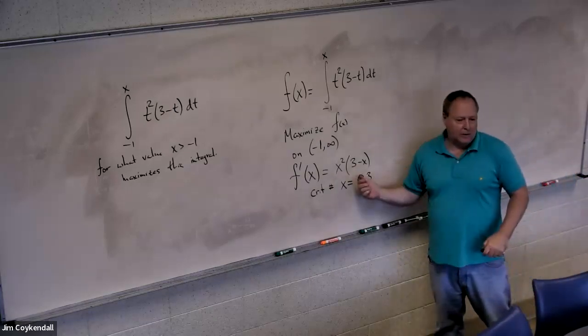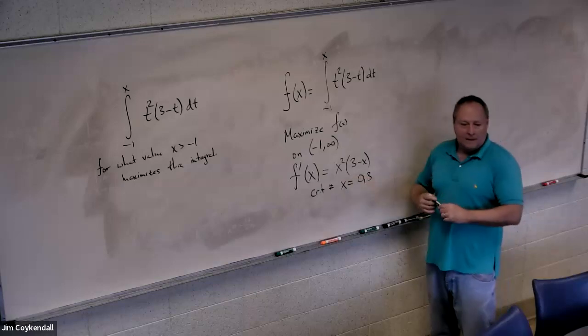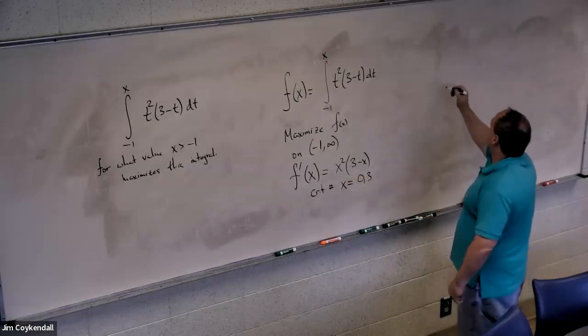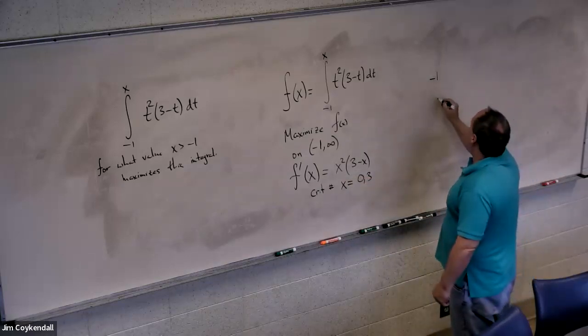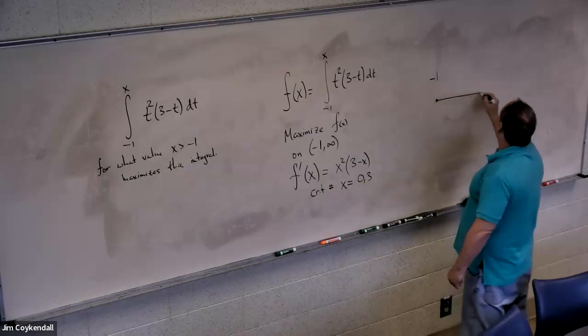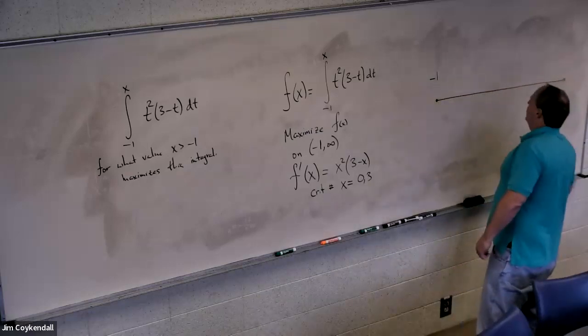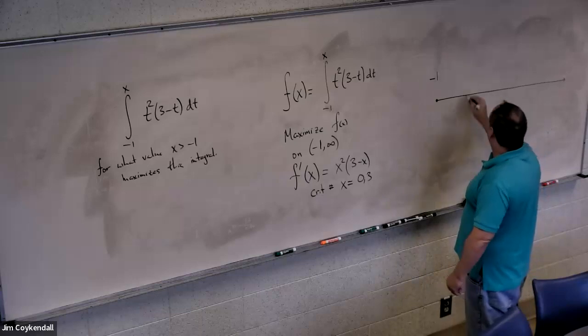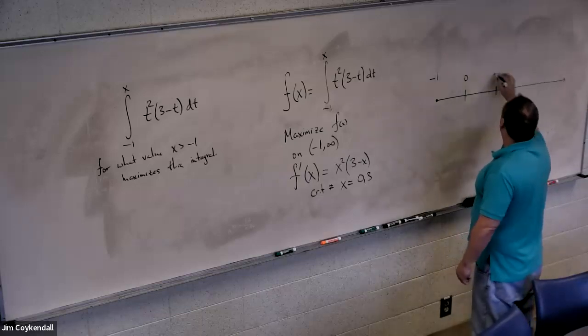So here's our playground. It goes on forever, and I've got a couple of critical numbers. I've got 0, and I've got 3.